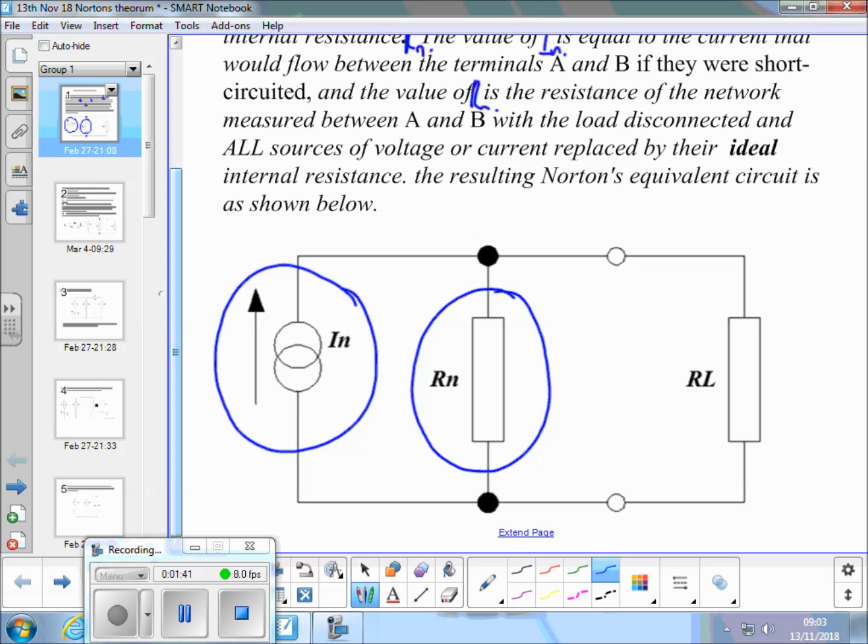That would be the resistance looking back in at the terminals A and B when we replace all sources of voltage or current with their ideal internal resistances. So it's a similar thing to Thevenin's, but we're looking at current source and parallel resistance.